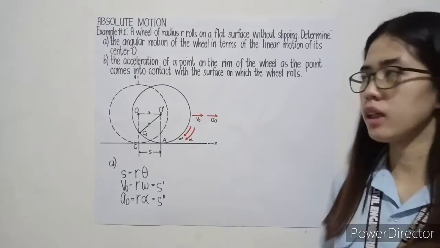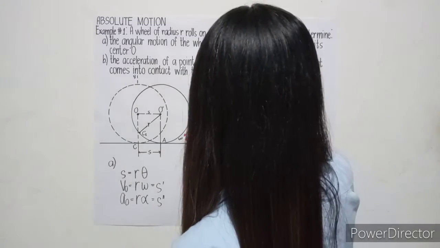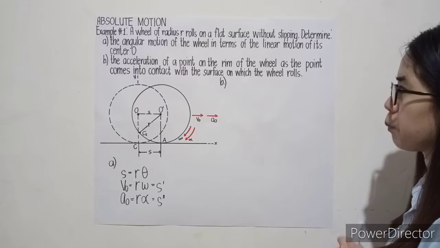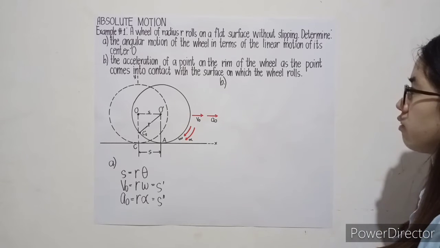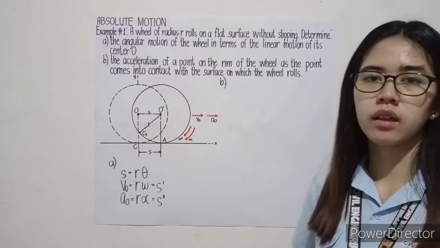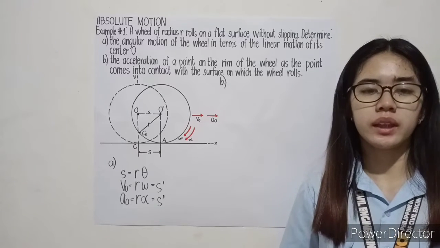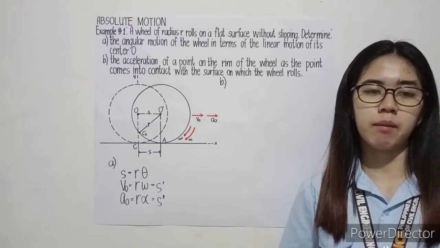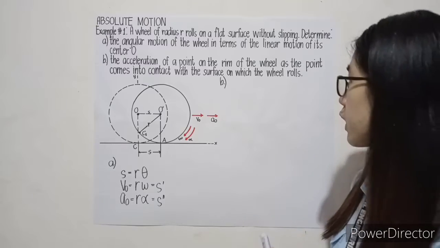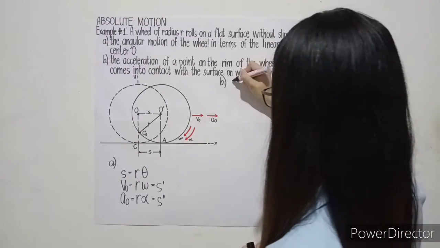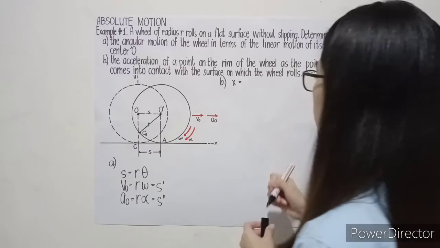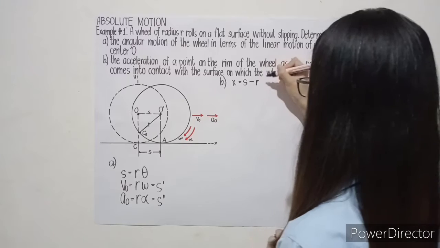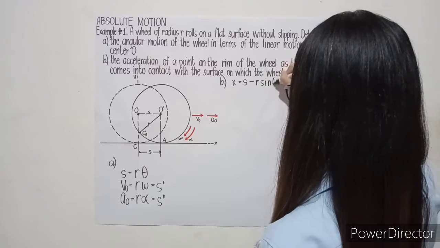And for letter B, again, the acceleration of a point on the rim of the wheel as the point comes into contact with the surface on which the wheel rolls. So when the point C moves along the path to the point C prime, the coordinates and the time derivatives vary. So for coordinate x, it is equal to s, or the position, minus r sine theta.